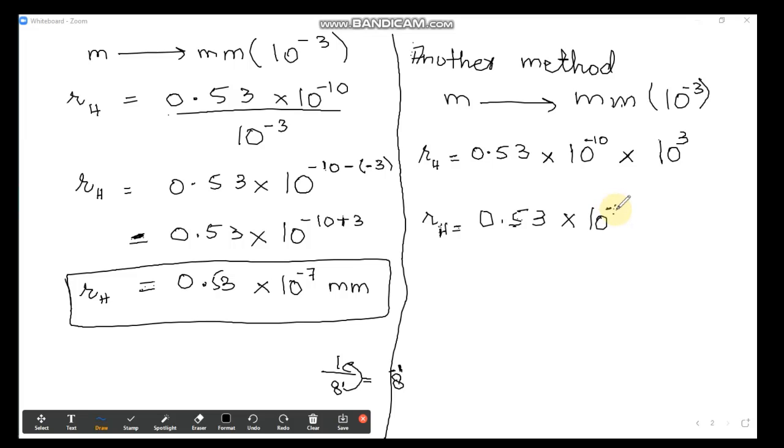And according to the rules of the exponent, we know that when we have same bases, like this 10 raised to the power and this 10 raised to the power are same, so we will write 10 one time, and since the bases are multiplying, then the powers will add, so this will become positive 3, and the final answer will be 0.53 exponent minus 7 in millimeters.